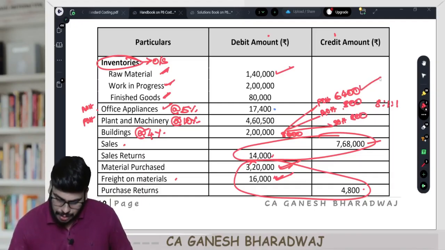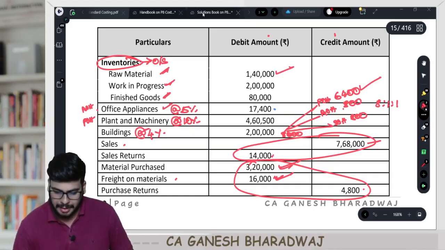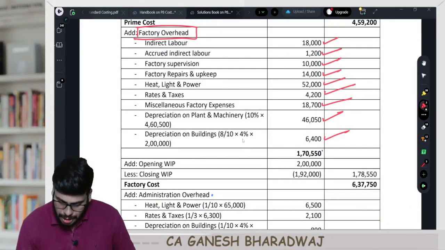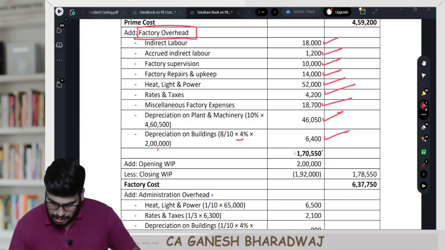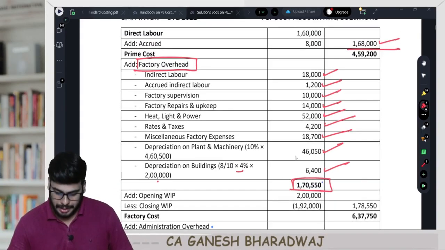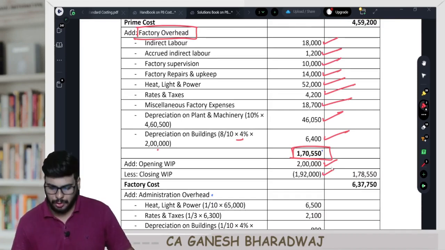So now this 6,400 rupees is the depreciation on building attributable to my factory. Clear with this? Look at this. This is going to be 6,400 calculation. So 4% on 2 lakh into 8 by 10. Clear with this, guys? So this is the sum total of all my entire factory overheads. Clear with this? On this, add your opening WIP less your closing WIP. These two figures are given.